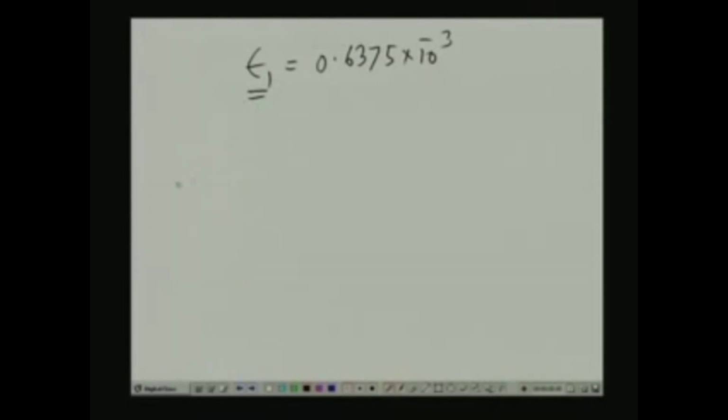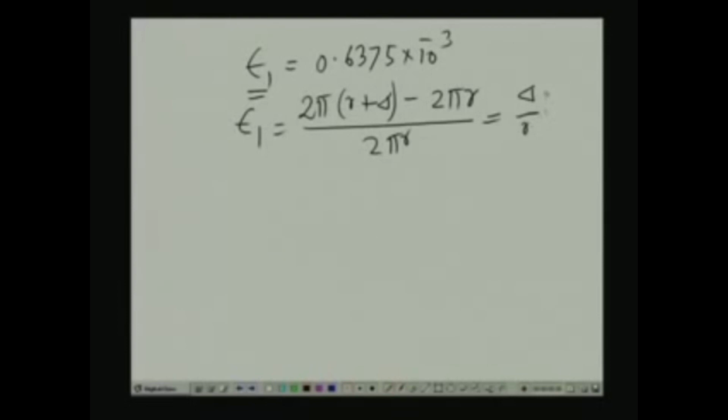This strain in the circumferential direction we can write as twice pi into r plus delta minus twice pi r, divided by twice pi r. So this is the extension by the original length, which is equal to delta by r. So the extension in the radius is epsilon times r, which is equal to 0.6375 millimeter.